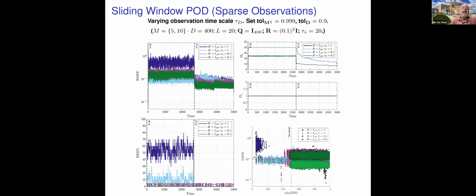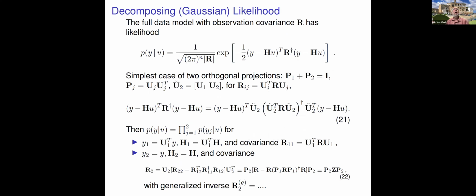We see some really pretty good results for H equal I down arrow 5 and tau_D equal 1. Both of the cases where we observe every 5th are pretty good, and we get pretty good results for H equal I down arrow 10 and tau_D equal 0.1 as well. Resampling is really low. We don't have to resample.